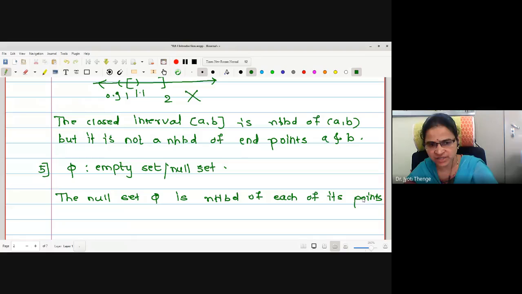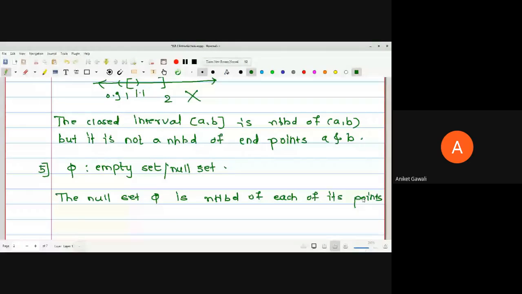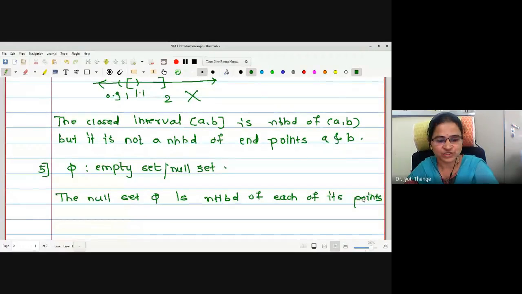Therefore, can we make the statement that the null set is a neighborhood of its points? Yes, because it is empty, it does not have any points, so we can consider that it would be a neighborhood of each of its points. Good. Actually, this statement makes sense because there is no point in phi of which it is not a neighborhood.